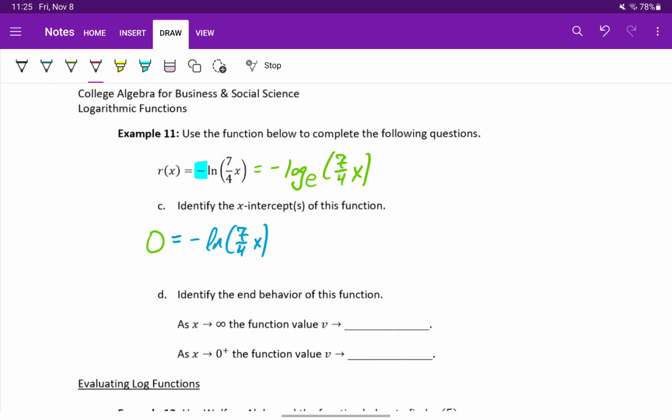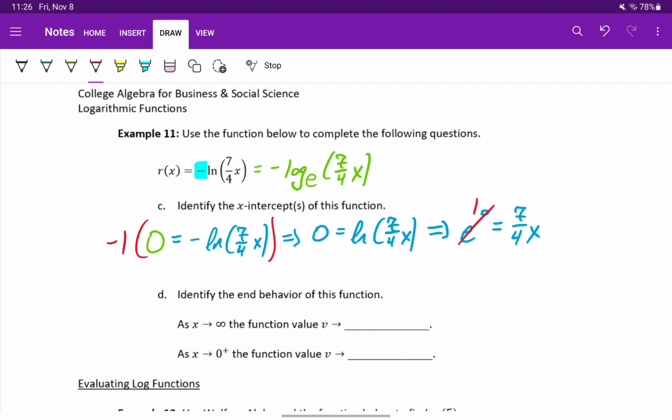And then the first thing we'll do is get rid of that negative sign that we have out front by multiplying both sides of this equation by -1. -1 times 0 is still just 0. And then we'll go ahead and convert this equation into an exponential equation by rewriting it as e to the 0 power is equal to 7/4 x.